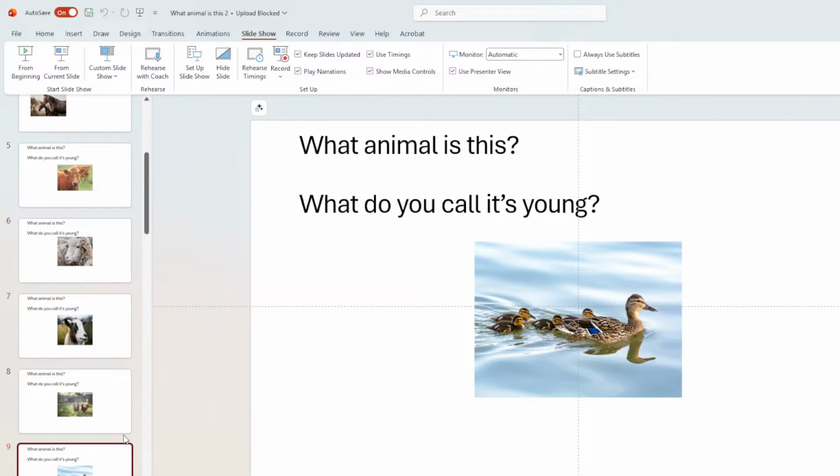So that is a duck. That's a duck and the young ones. What do we call the young ones of a duck? Young one of a duck.